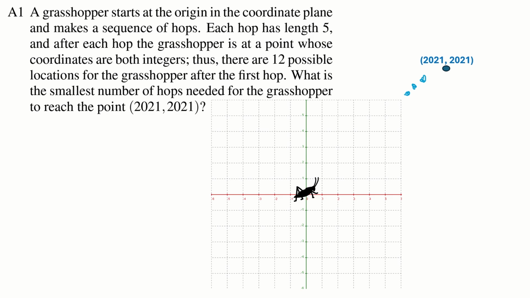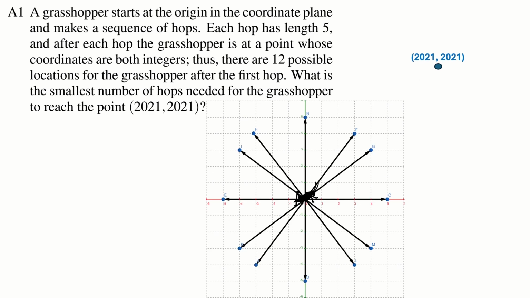The first thing to do to solve this problem is to draw what the allowable hops look like so we can use visual intuition. We get the following graph. Notice that the point we want to reach is in the (1, 1) direction, or along the line y equals x.